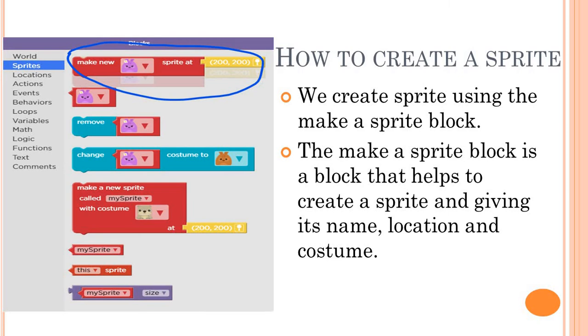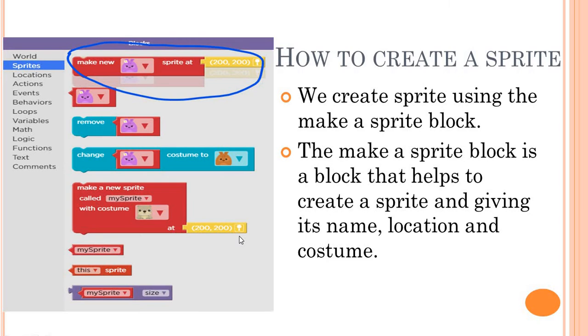Now looking at the picture, it always has a red color. We can see the Make a New Sprite block. Here where they wrote "my sprite" is seen as the sprite name. The costume is a picture that is used to depict the sprites that we are making. While its location is a yellow colored block that is at the side of the Make a New Sprite block.